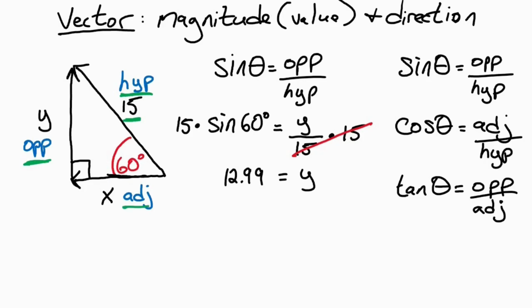And we're going to be using our adjacent. The thing that I don't want to do is this. So we have our given information, which is the hypotenuse and the 60 degrees, the reference angle. I don't want to use the value we found for y, because say if we got this wrong.